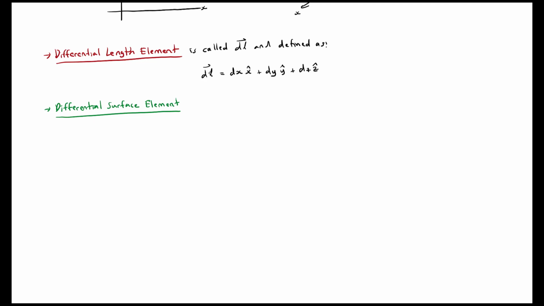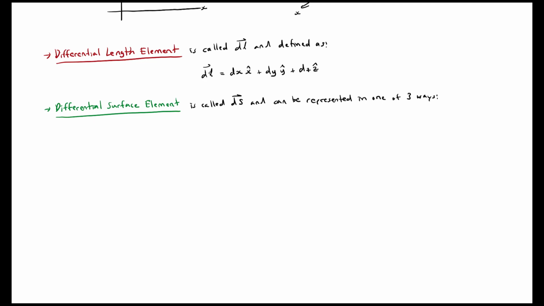And because we're dealing with three-dimensional objects, we call these differential surface elements ds. So it is called ds and can be represented in one of three ways. Why? Because there's dx, dy, and dz. That means there's three different possibilities of multiplying them with each other.